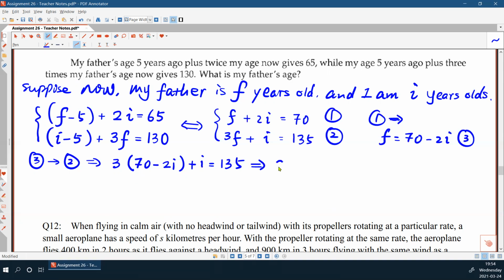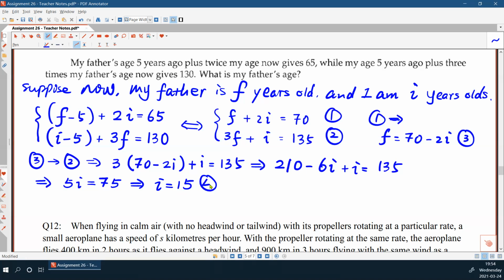So this tells us 210 minus 6I plus I equals 135. So we can solve for I here, right? That means 5I equals 210 minus 135, which equals 75, so I is 15.